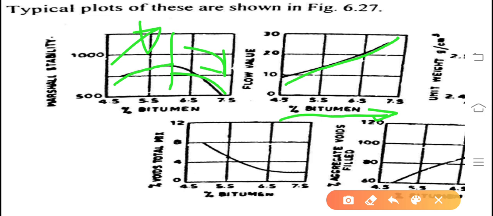Similarly, total voids in the mix on the y-axis and percentage bitumen. As the bituminous percentage increases, it keeps on decreasing. Voids naturally will decrease when you use more and more bitumen because all the voids will get filled up with fluid.